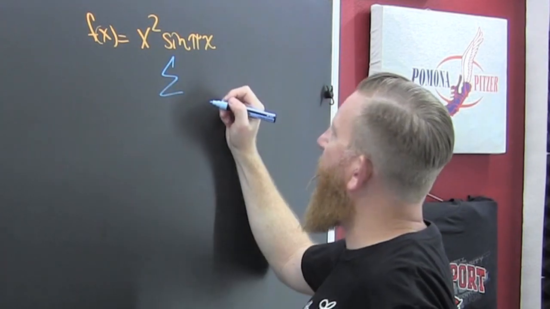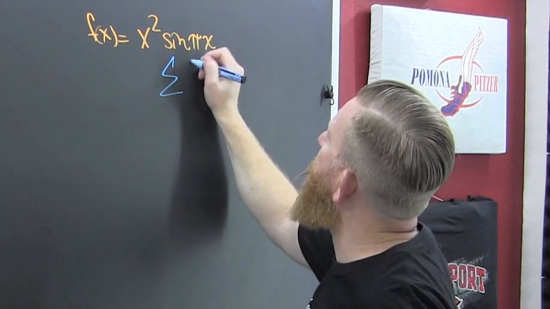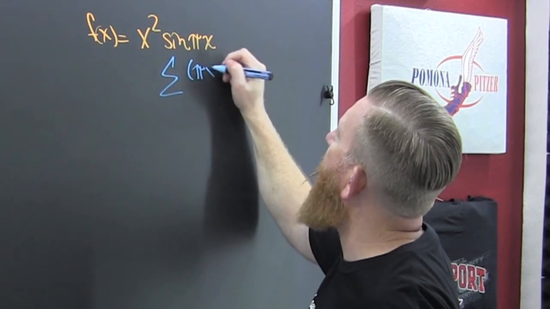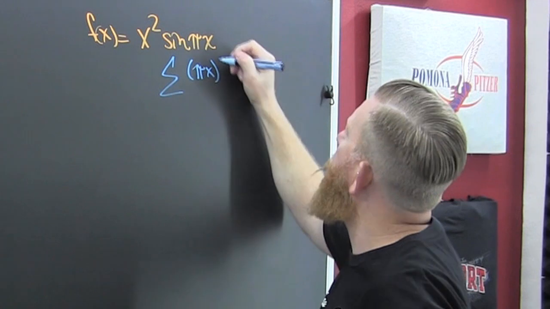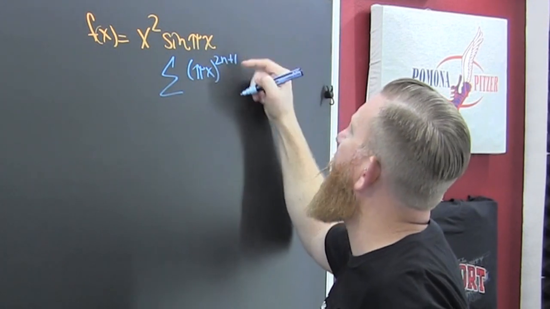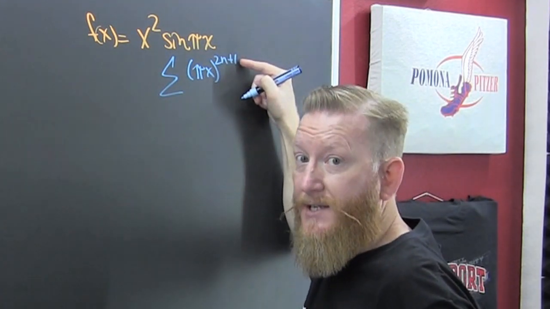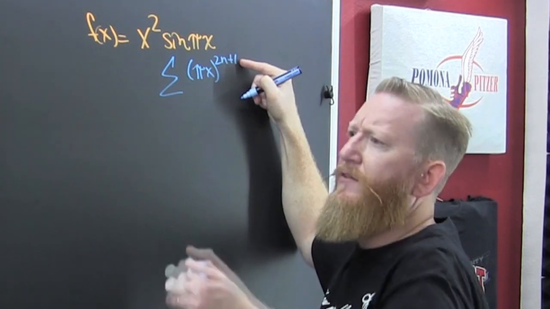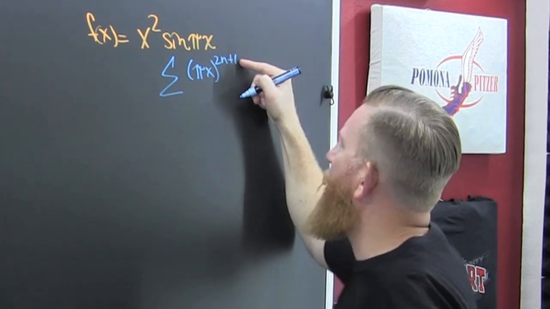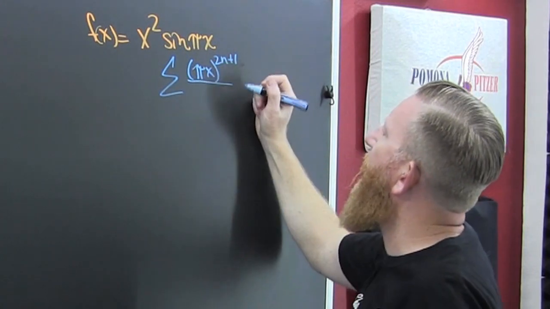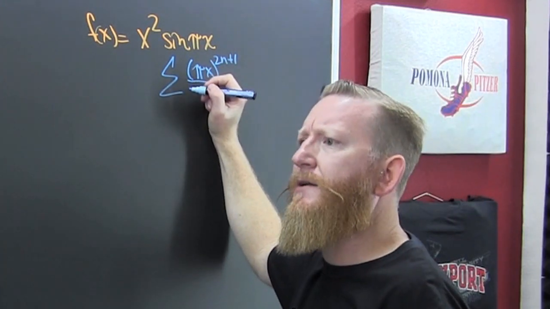So this is pi x to the sine 2n plus 1. Because that's how you represent an odd function. That's just a way to get you to remember. So rememorize all of these.